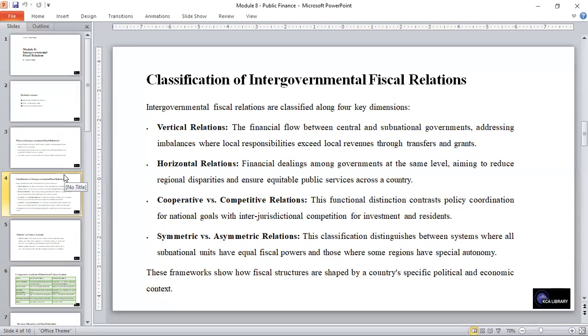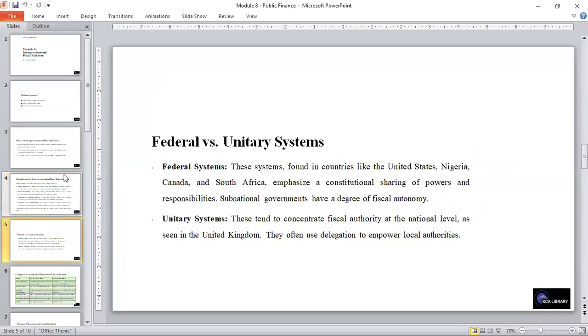And the symmetric versus asymmetric classification distinguishes between systems where all subnational units have equal fiscal power and those where some regions have special autonomy. This framework shows how fiscal structures are shaped by a country's specific political and economic context.